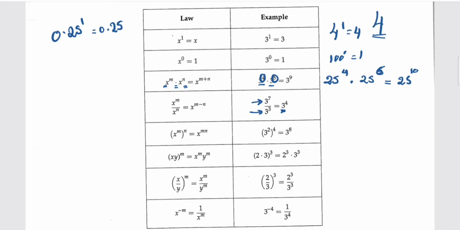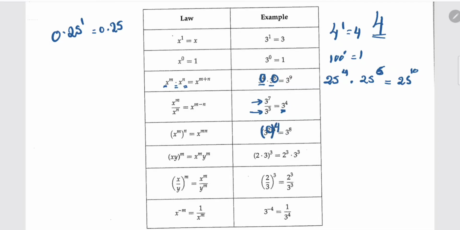Okay. It's x to the power m, all to the power n. So I have two powers, and I can multiply them. So it's x to the power m times n. Let's take an example: 3 to the power 2, all to the power 4.